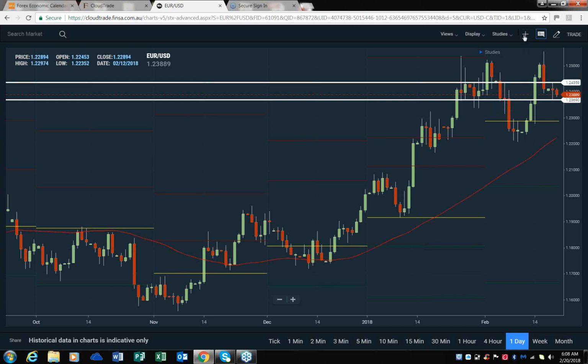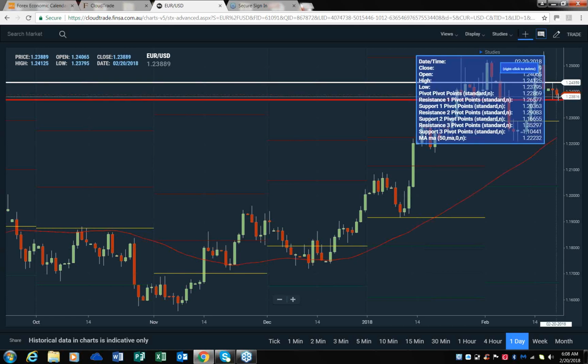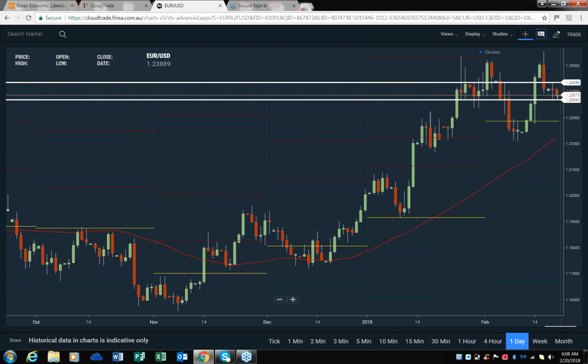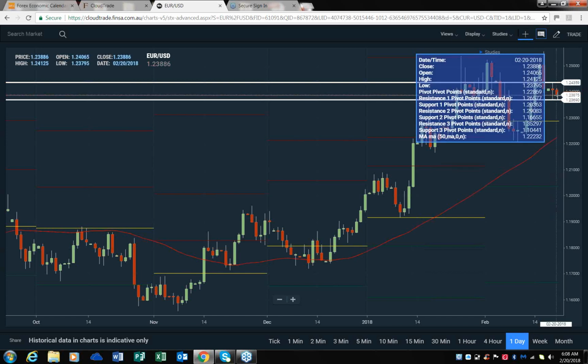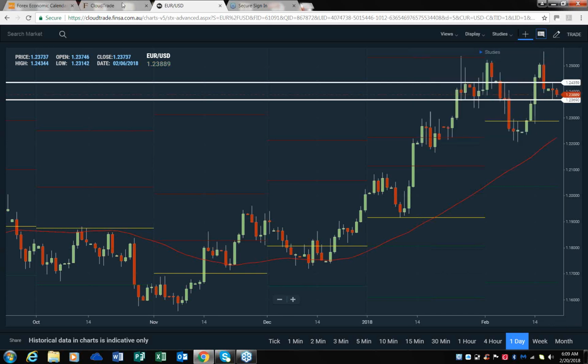So let's start with today. If I put the cursor over today's candlestick, the moving average today is 1.2223. So I'll place my pending sell order 2 pips below that at 1.2221.